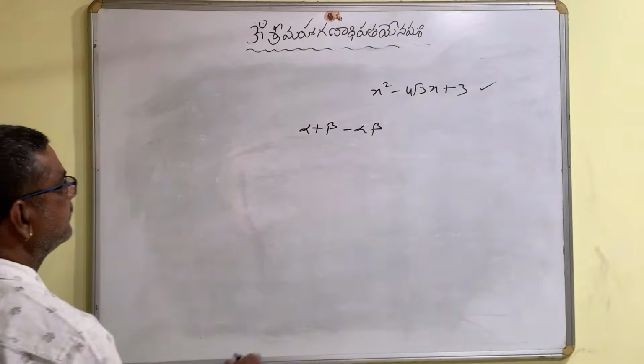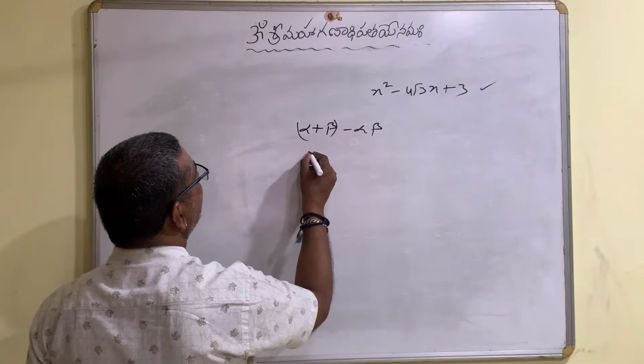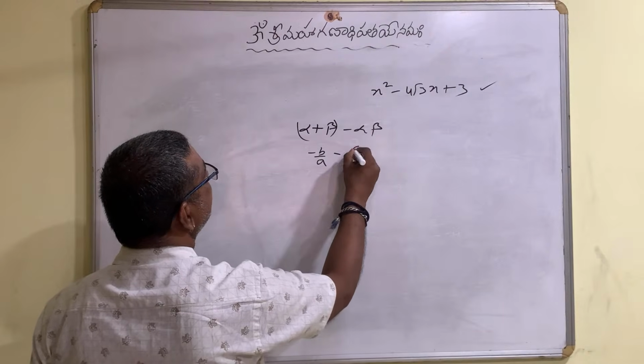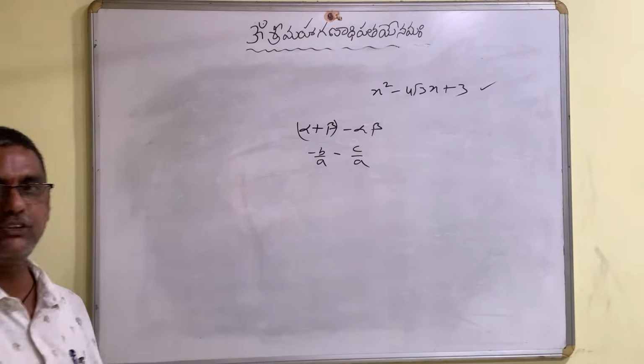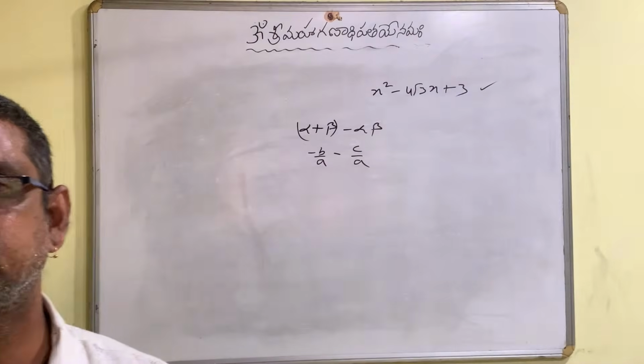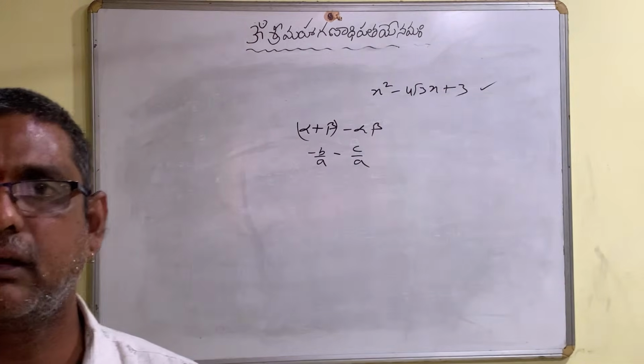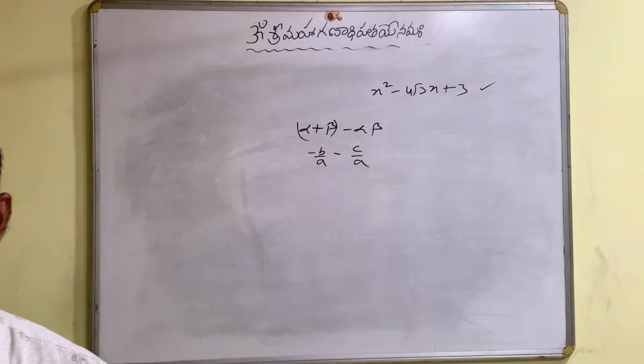We know that alpha plus beta is minus b by a, and alpha beta is c by a. Is that right? We observed it. Alpha plus beta is minus b by a. Alpha beta is c by a.